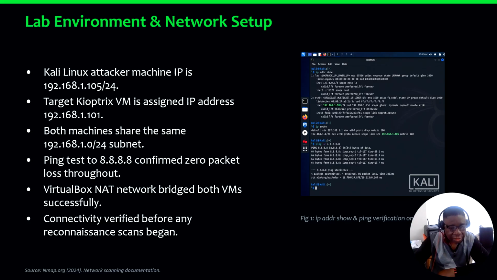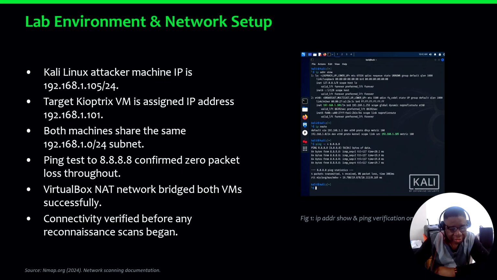So the first slide is our lab environment and network setup, where we have the Kali Linux attacker machine with the IP 192.168.1.105/24. Our target, Lab3's VM, has an IP of 192.168.1.101.